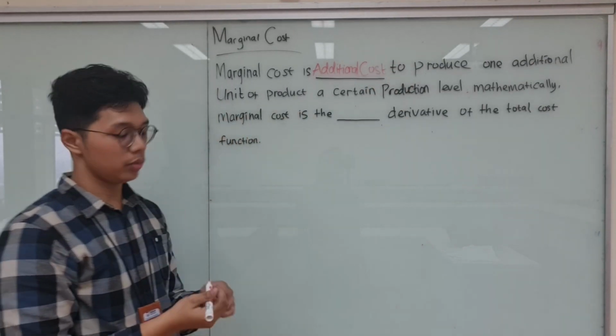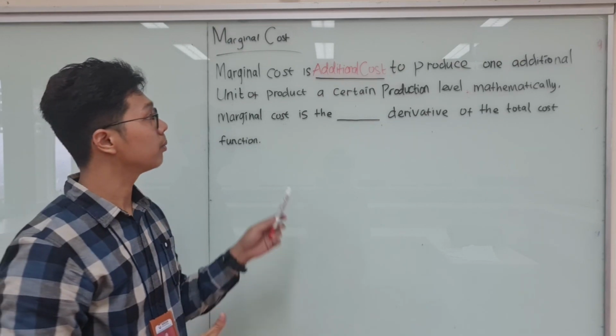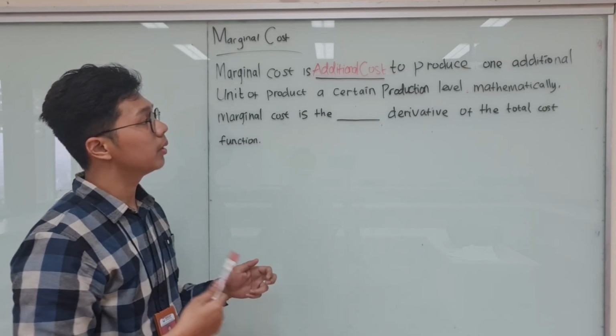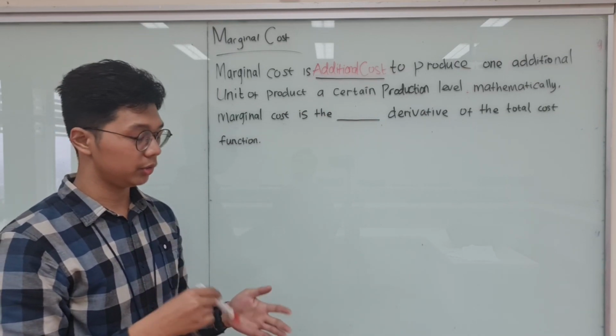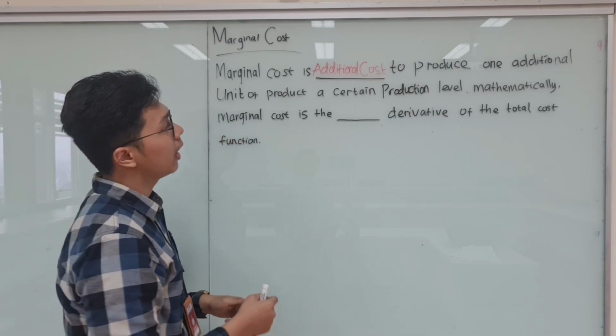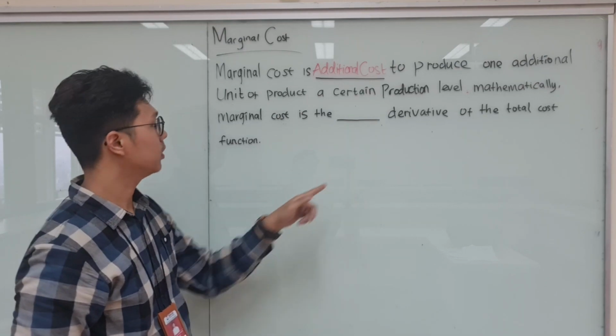So if you want to produce more product than you already targeted, you must count the marginal cost first. And mathematically, marginal cost is the first derivative of the total cost function.